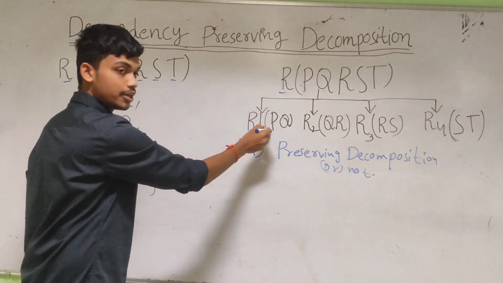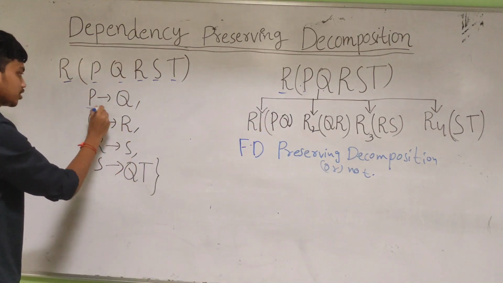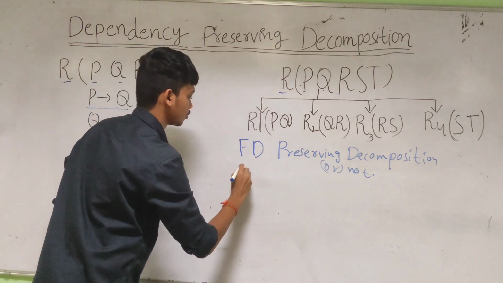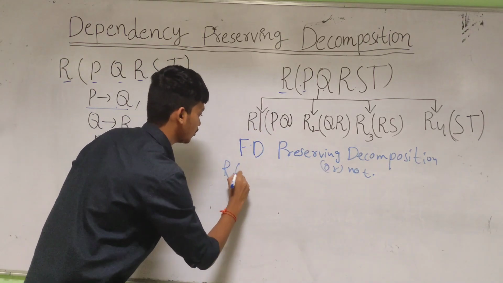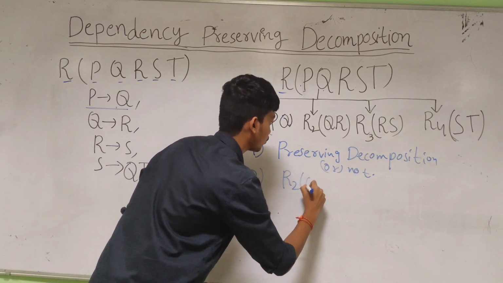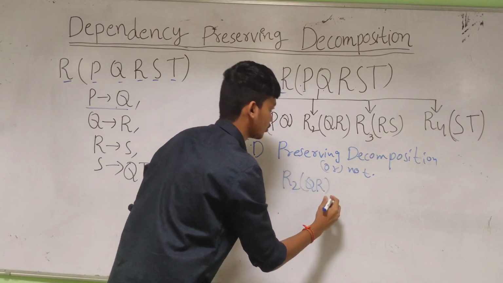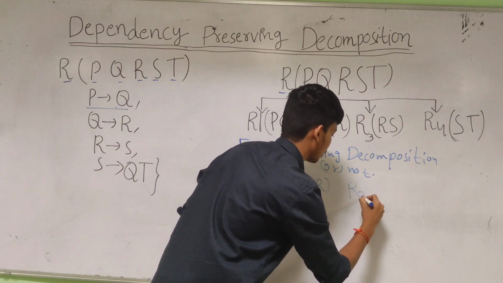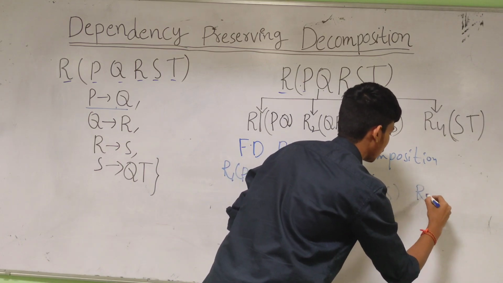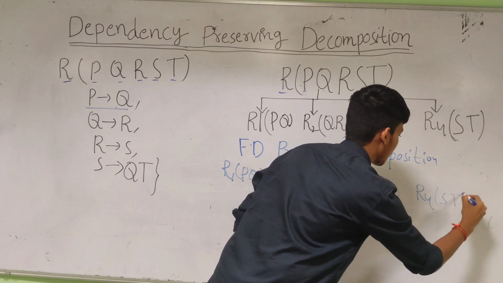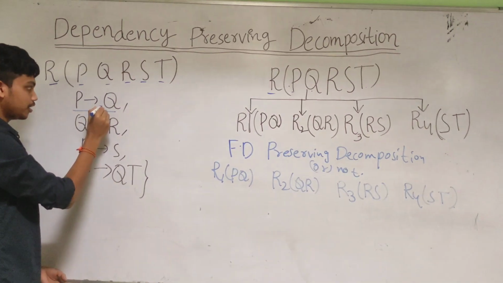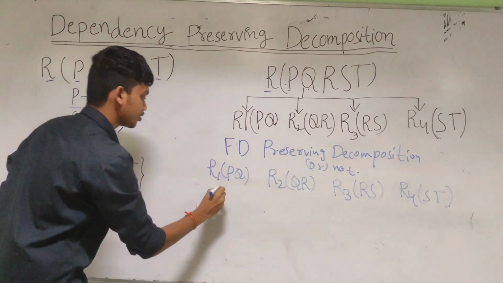First we need to take PQ. The functional dependency P to Q is there. It can fit under this one. So I am writing like this: R1 of PQ, R2 of QR, and R3 of RS, R4 of ST. Now this functional dependency P to Q will fit under this one.